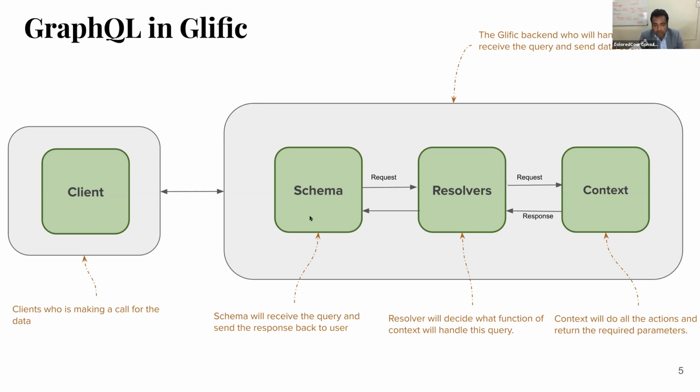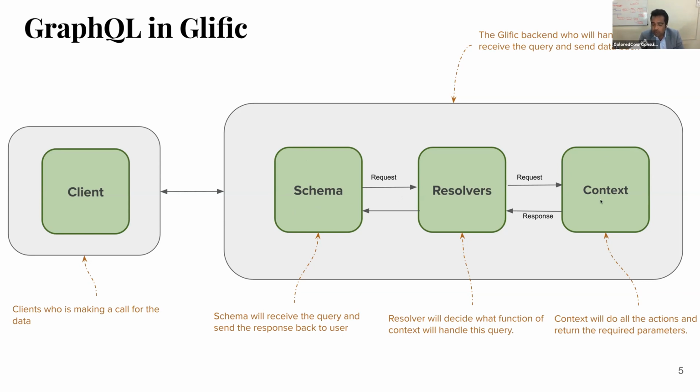Once the request arrives, the schema just makes a function call. Schema always talks to the resolvers, and the resolver will take all the request parameters and decide what the context is here, like controllers. So the resolver talks to the context, saying, okay, compute this thing, and I need this data in a specific format.